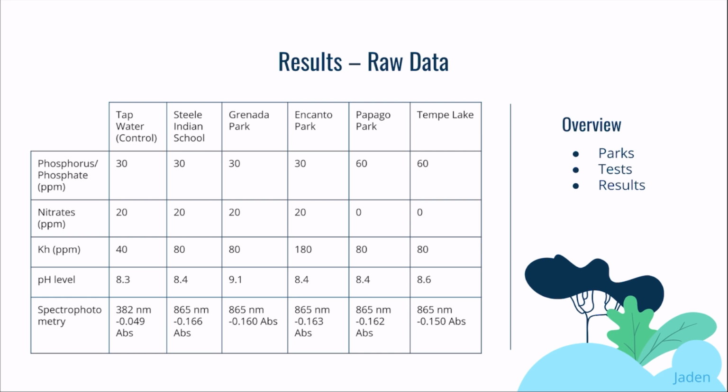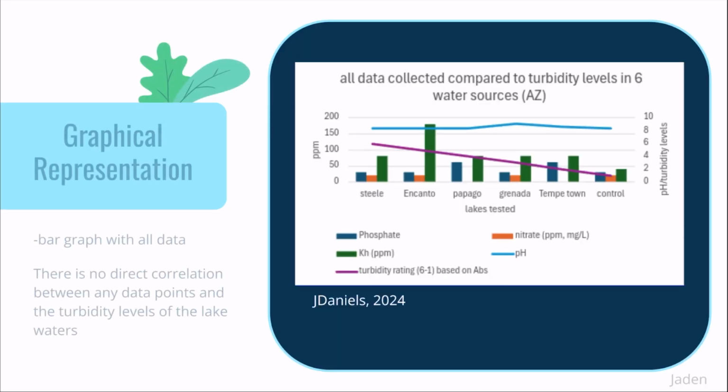And then absorbances had some variance. So tap water had the least absorbance, and then Steel Indian had the highest absorbance. All right, and here is a data graph, or a bar graph with all of our data.